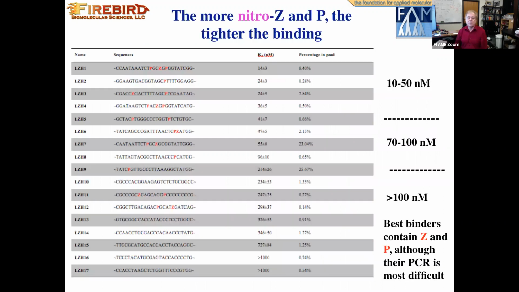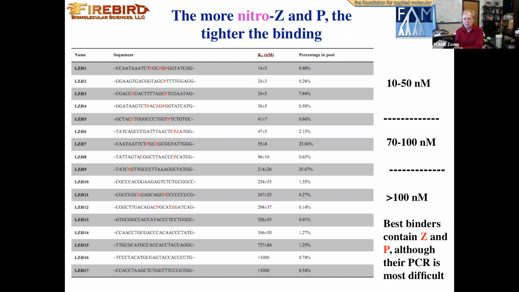And it's kind of fun because actually the more Z's you have, the tighter the binding. So what we do, of course, we get out of these selections with polymerases that replicate 6-letter DNA, we get a range of these things, and some of them have more P's and Z's, and some of them have less. But what I've done here is put in that table P's and Z's in red, and then rank these things based on their apparent dissociation constants binding to liver cancer cells.